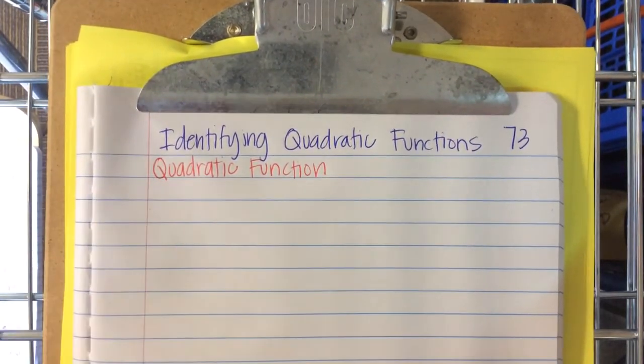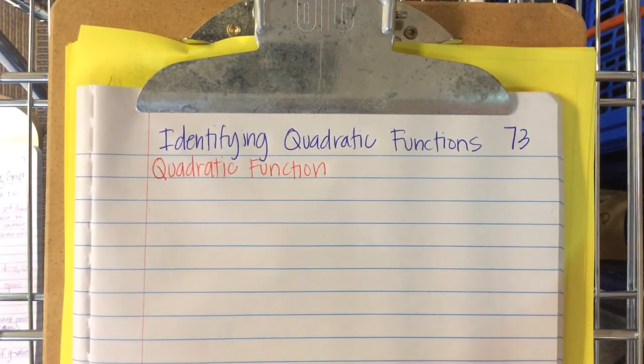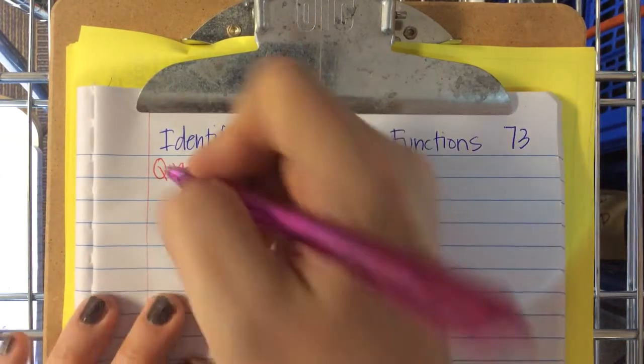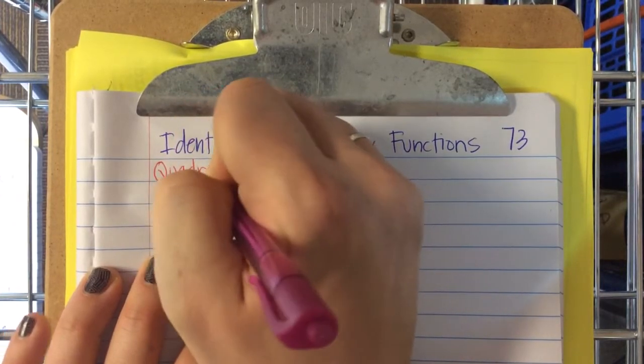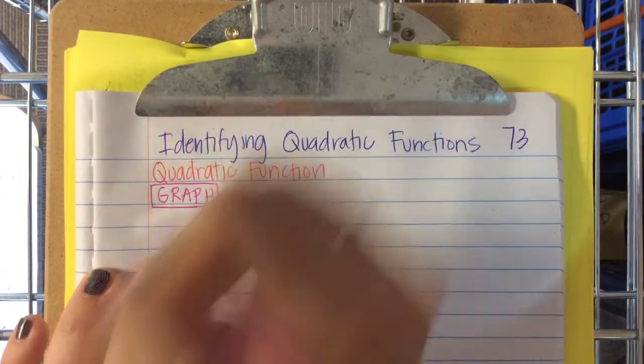There are three ways that we're looking for quadratic functions. The first of the three ways is we're going to look at their graph. How do you identify from a graph?